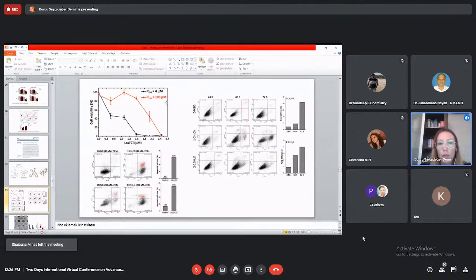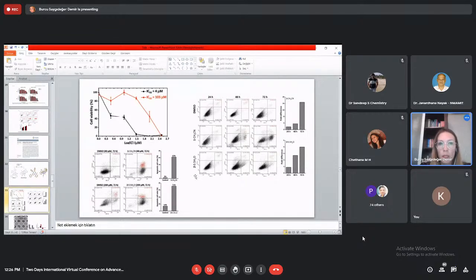The IC50 values are very low, especially for complex 1. DMSO, the solvent of the complexes, was used as a control.